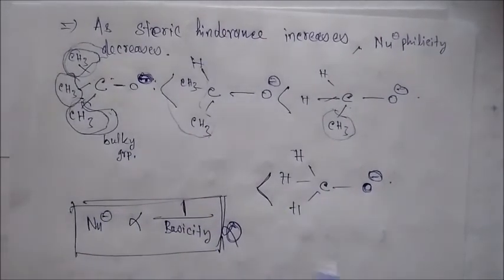In the two cases we have seen, this case and earlier in the periodic table, when we are coming from top to bottom, nucleophilicity is also inversely proportional to basicity. Let's come to the next point.